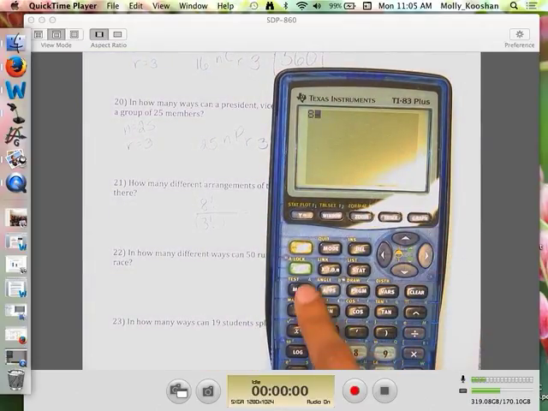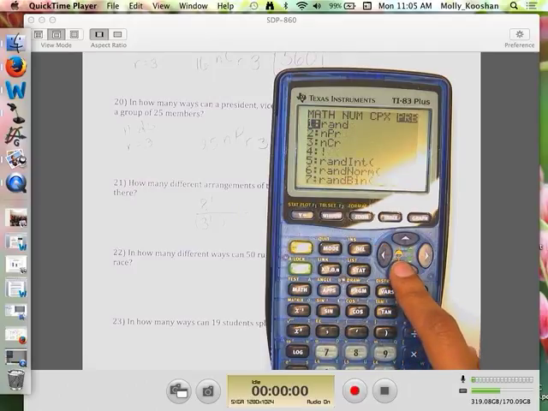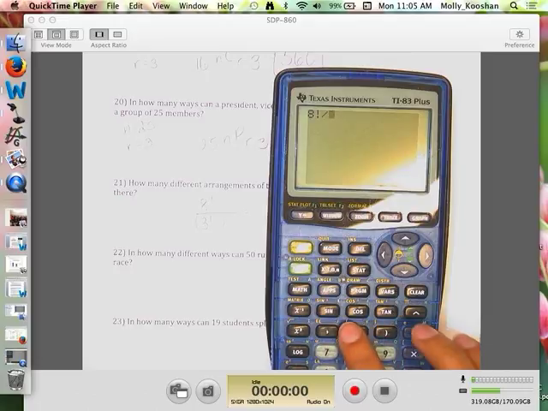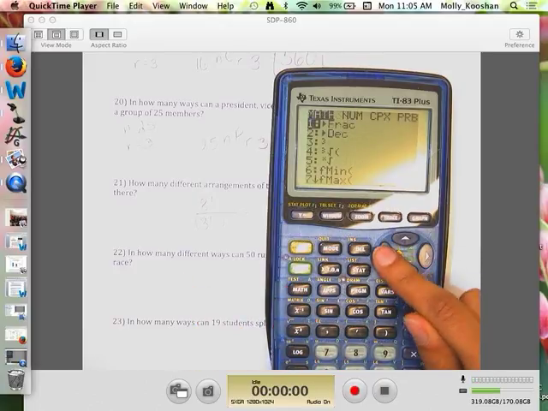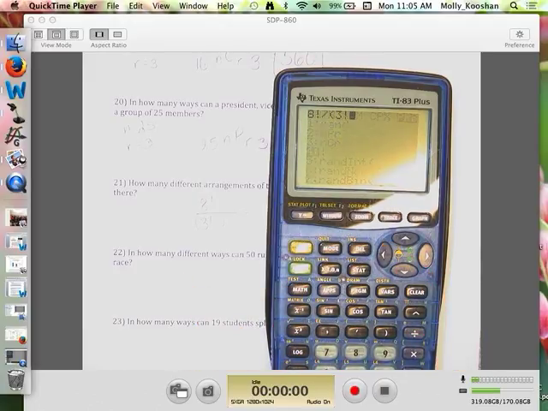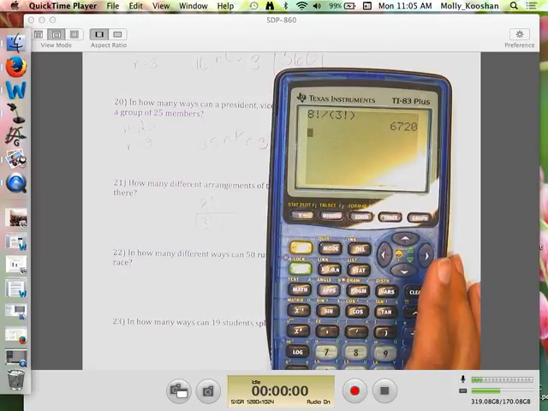And 8. Then you go Math, probability, and there's your factorial right there, number 4. Divided by. Just get into a good habit of putting parentheses for your denominator, because sometimes you're going to have more than 1 element down here. So divided by 3 factorial, 6,720.